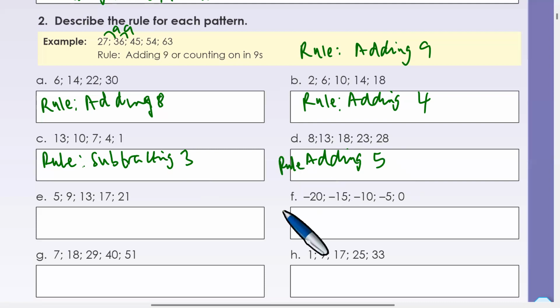Okay, let's look at E. What is happening in E? So we are adding 4.